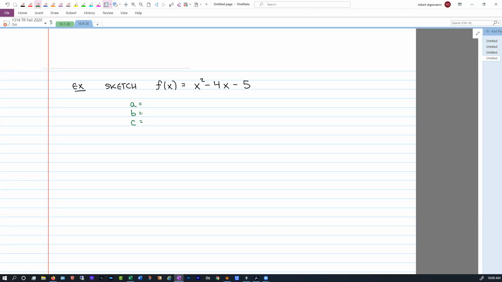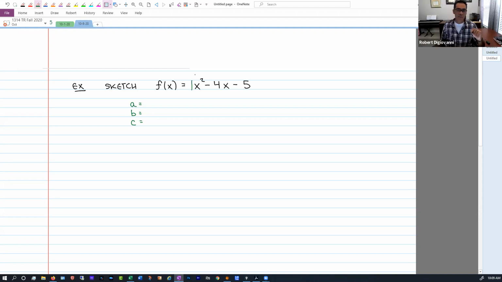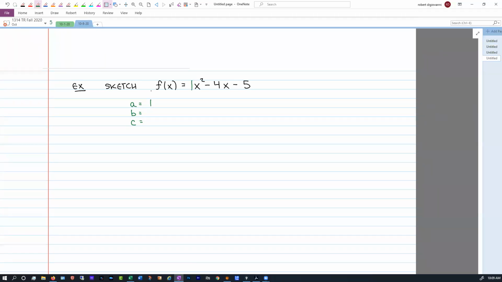A is x squared. Okay, close. Remember, a is the number in front of x squared. 1. Okay, so this a, b, and c, these are always going to be numbers. So we're going to have 1 here. Okay, how about the b? What is the number in front of x? 4. Okay, what about the negative there?